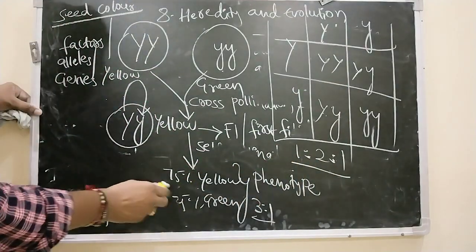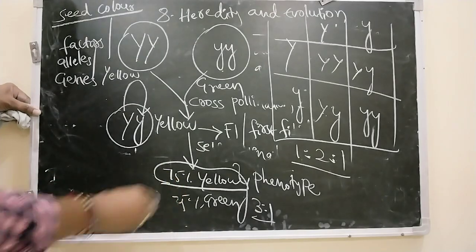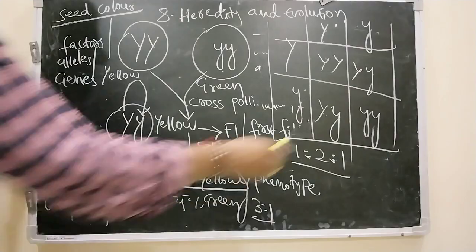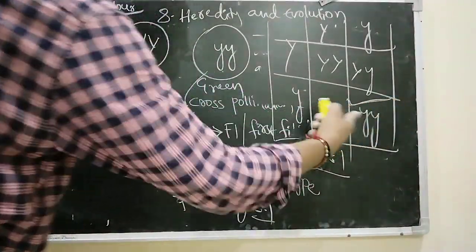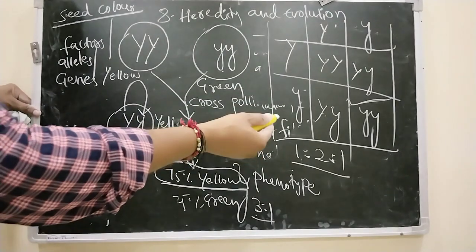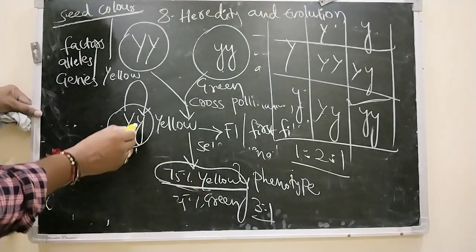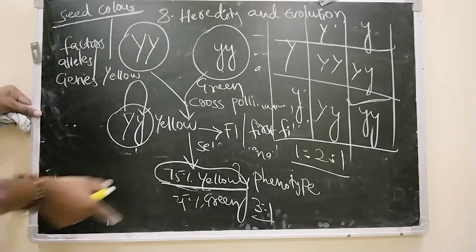Here we see 75% yellow color, and we may be able to say yes, the next generation will give yellow color seeds, but it is wrong. Why? Because it may happen like this, the law of segregation. Maybe green color seeds may be produced when the condition is like this. Here the situation is like this.